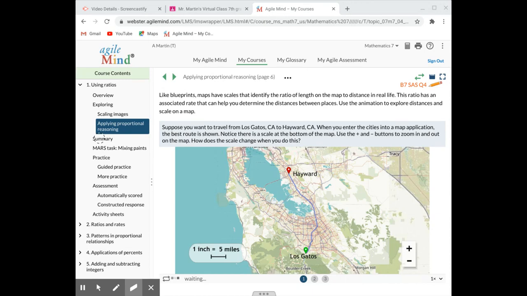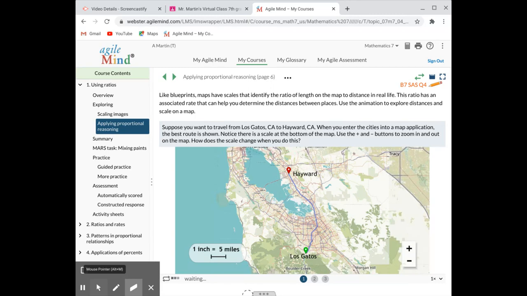Will you read this slide for us, please, ma'am? Like blueprints, maps have scales that identify the ratio of length on the map to distance in real life. This ratio has an associated rate that can help you determine the distances between places.